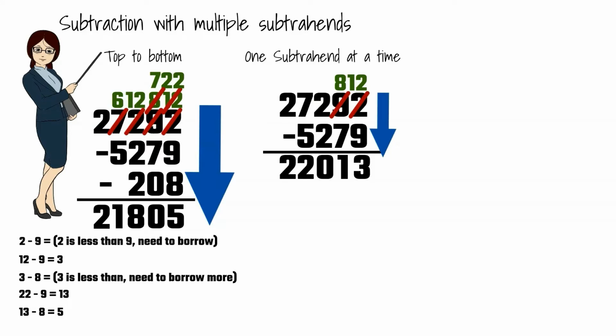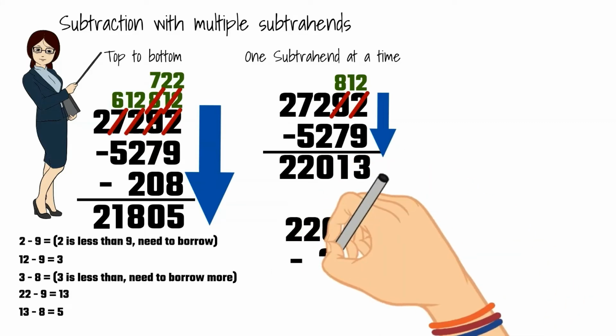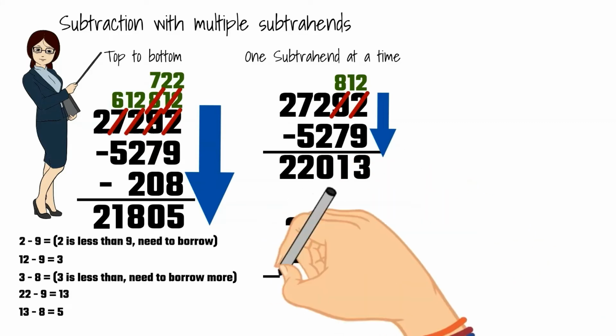The first difference therefore is 22,013. 22,013 now becomes the new minuend and the other subtrahend is subtracted from it. The expression therefore is 22,013 minus 208. Let us subtract.